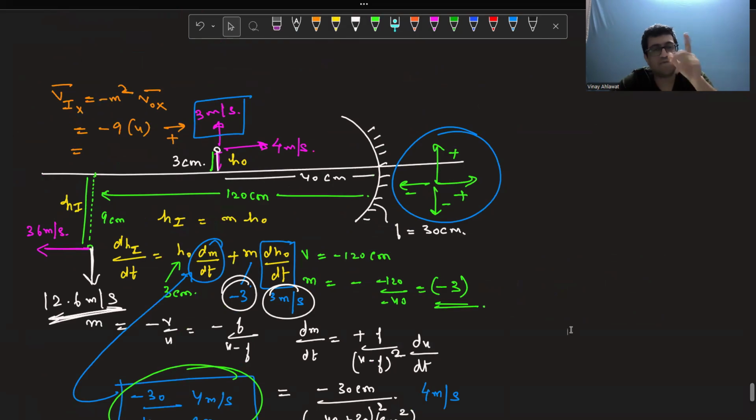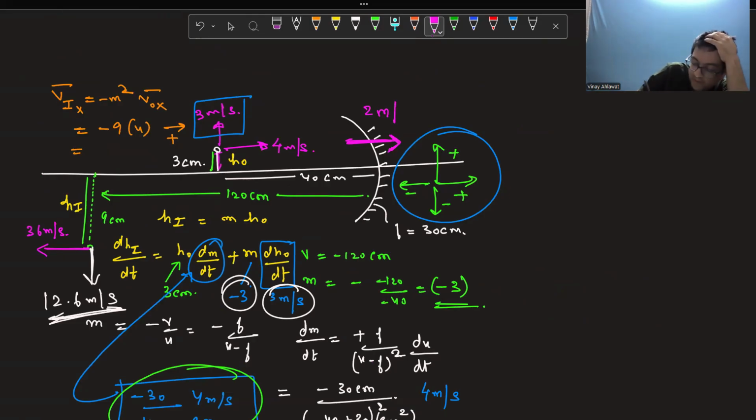What if I take this question and say this mirror was also moving with 2 meter per second, or rather, let's say 3 meter per second. This is velocity of mirror.